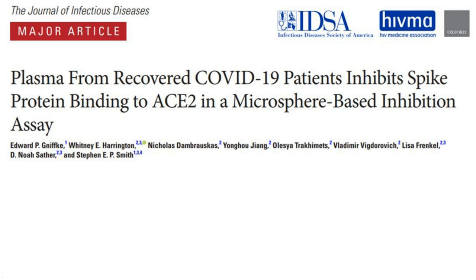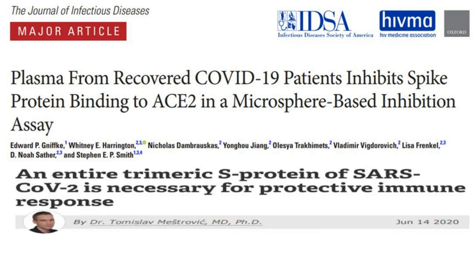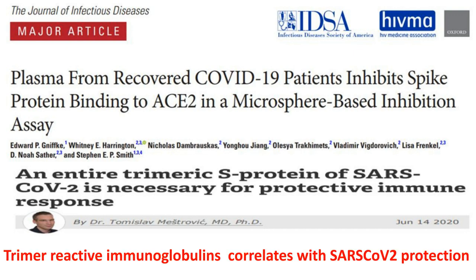And it was seen that full protection was better mirrored if you look at the trimeric protein. Trimeric reactive immunoglobulins correlated better with SARS-CoV-2 COVID protection.